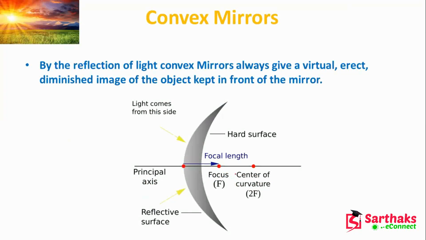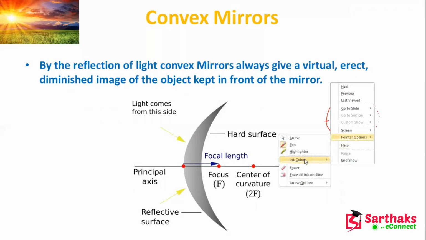Now the convex mirror. Same thing, if I draw a circle here, this will be the center of the circle, and this is the midpoint of this total curvature, right? Just a minute, I'm taking the highlighter.